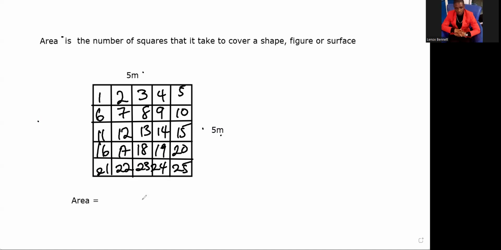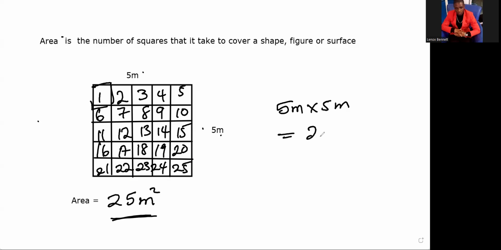So our answer, or the area, is 25 square meters. 25 of these small squares it takes to cover the surface. Another way we could have done it: 5 meters multiplied by 5 meters, which will give us 25 square meters.